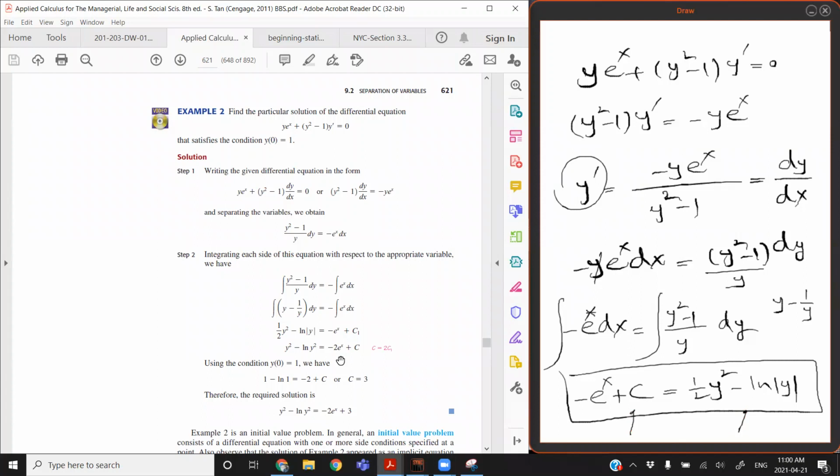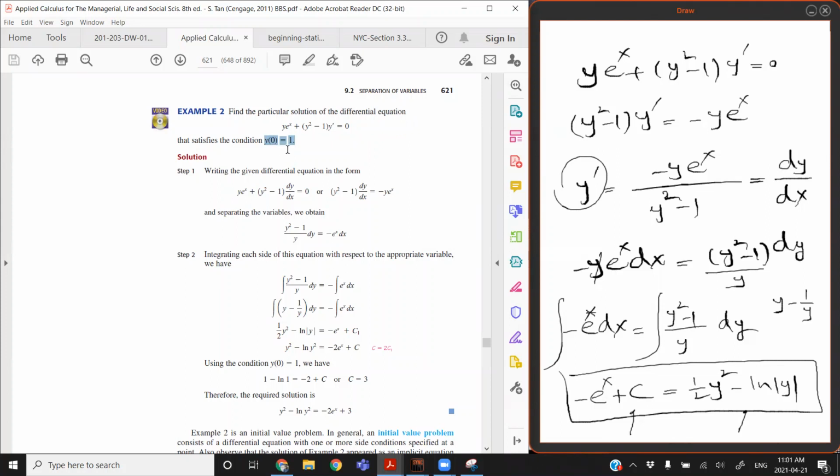Okay. So that's okay. Now, this is an initial value problem. I have the general solution, but it is asking me for a particular solution which also satisfies this initial condition. It says find the particular solution of the differential equation that I just solved, that also satisfies this initial condition. So I can just plug in, you know that this is like having f of 0 equal to 1.